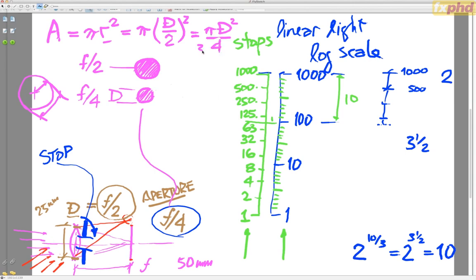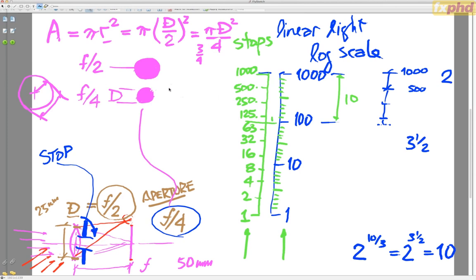In other words, it's about 3/4 of the diameter squared. So what that means is that F2 lets in 4 times as much light as F4 on the aperture setting.